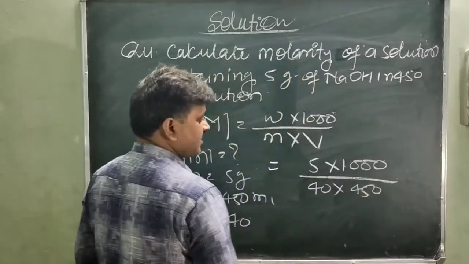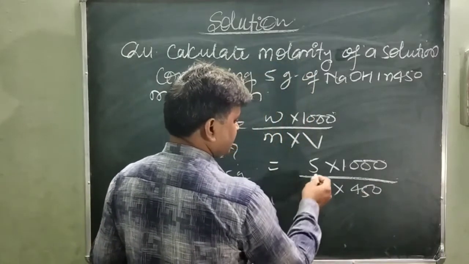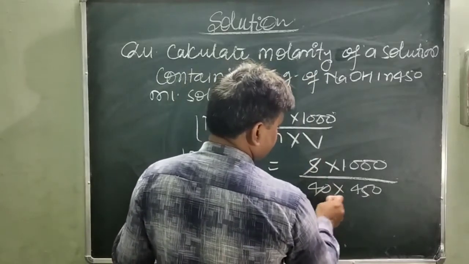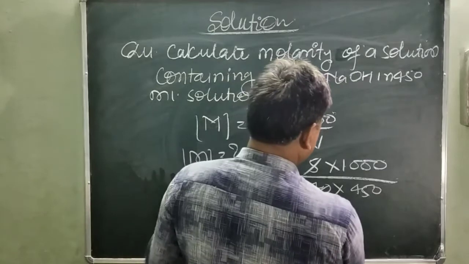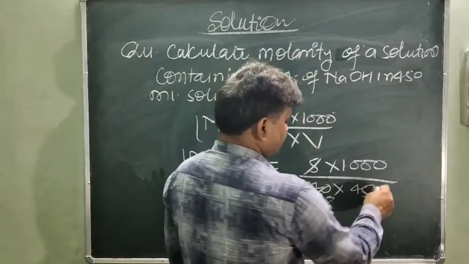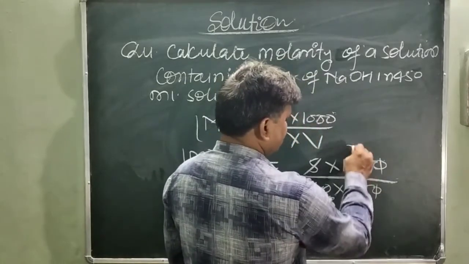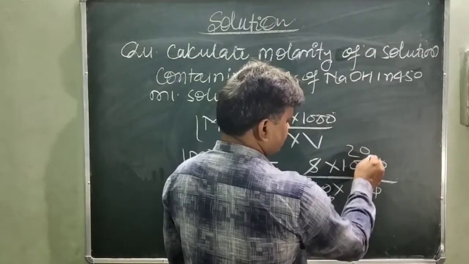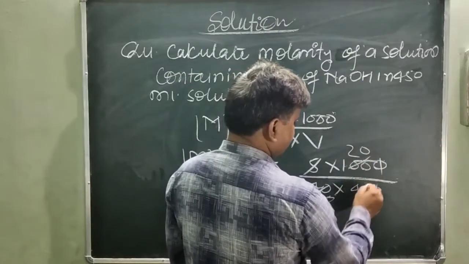So you can calculate it very easily. 5 eights are 40, and 5 twos are 10, 5 nines are 45.